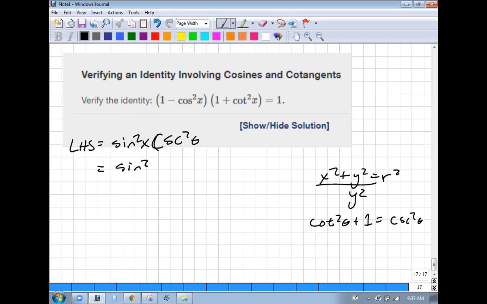Well, I know that cosecant squared is just 1 over sine squared, right? The right-hand side. So that would be my thought process for this. When I see stuff like that, I'm like, Pythagorean theorem. This is two things. This turns it into one thing. So I can turn these two things into one thing. Hopefully they go away.